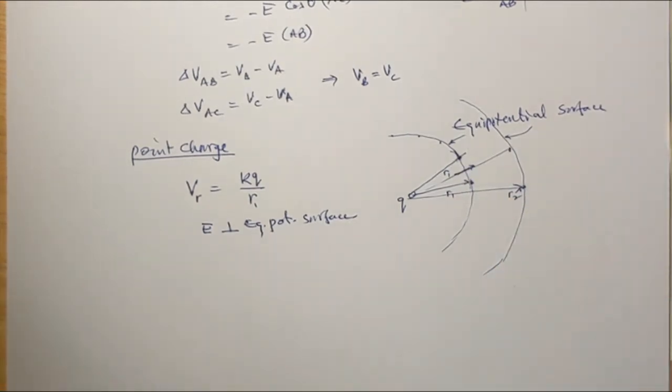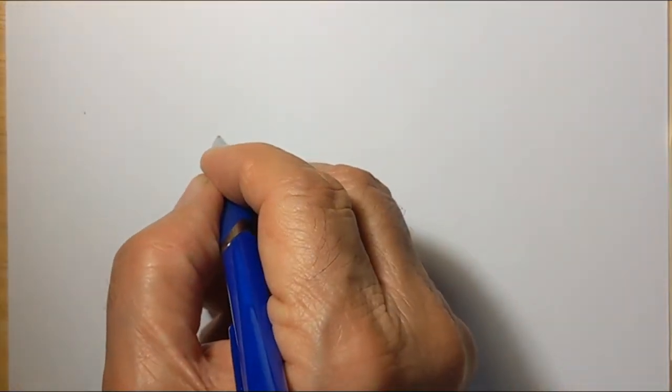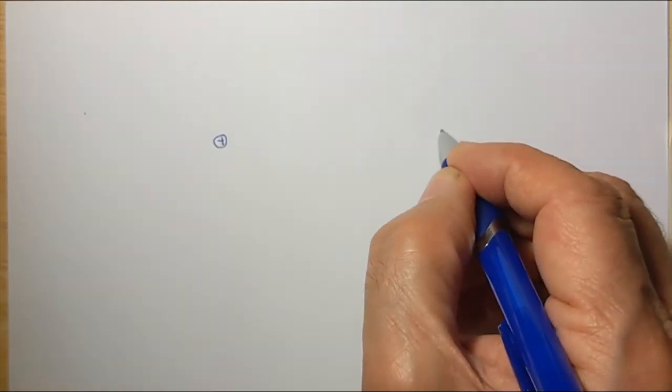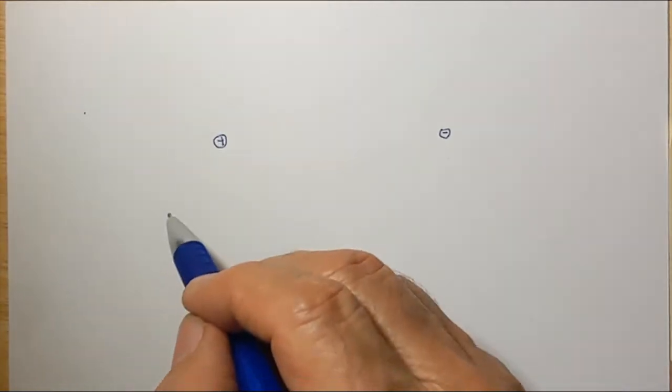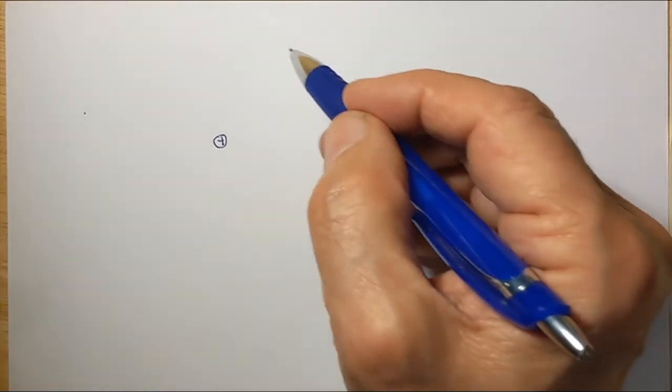Now let's suppose that we have more than one charge. So let's suppose we have a positive charge here and a negative charge here. The electric field lines will radiate outwards, and they will radiate inwards here, and they do not intersect.